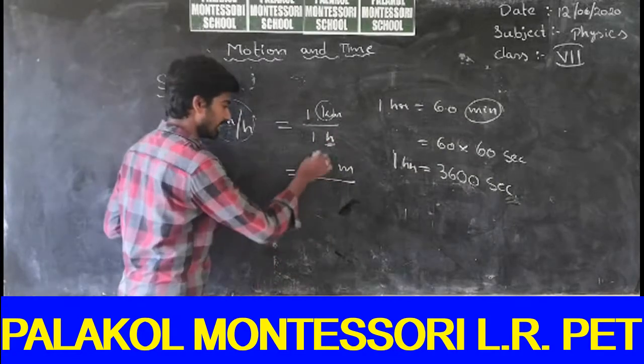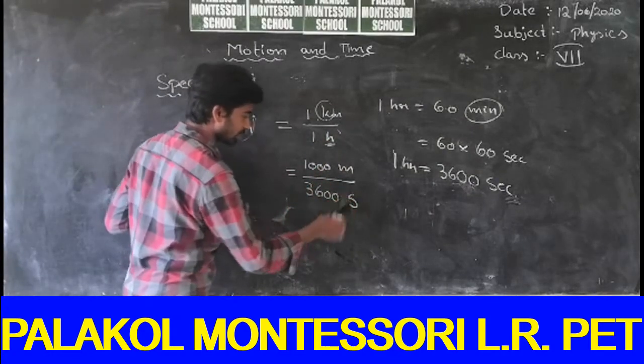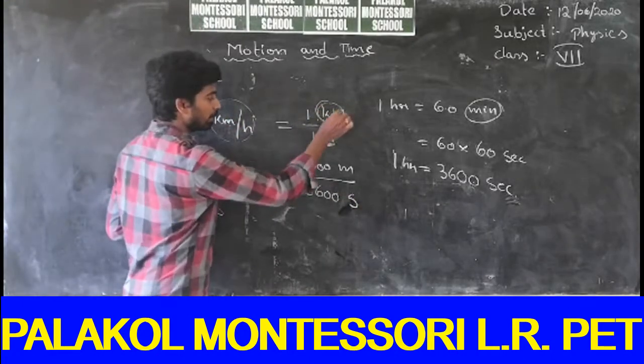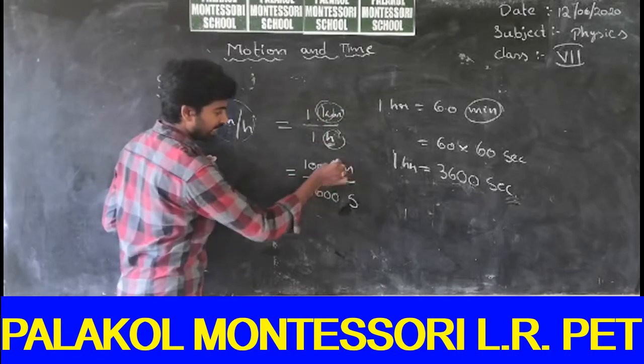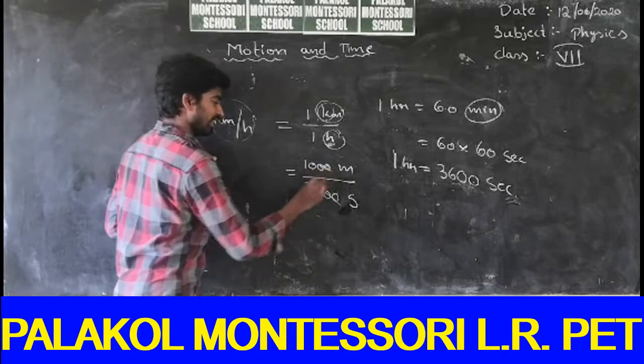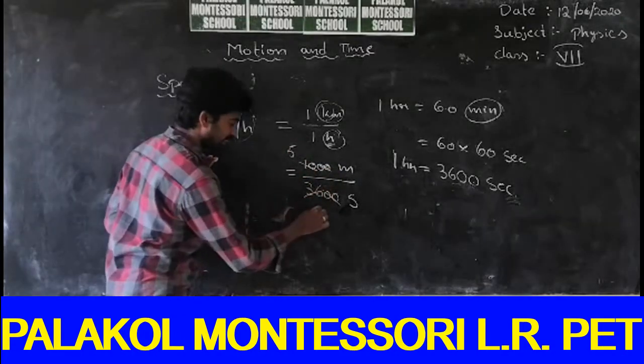So substitute 3600 seconds in the place of 1 hour. Now the units have changed: in the previous step it was kilometer per hour, here it is meter per second. The 2 zeros and 2 zeros get cancelled, and 10 cancels 5 times and 36 cancels 18 times.